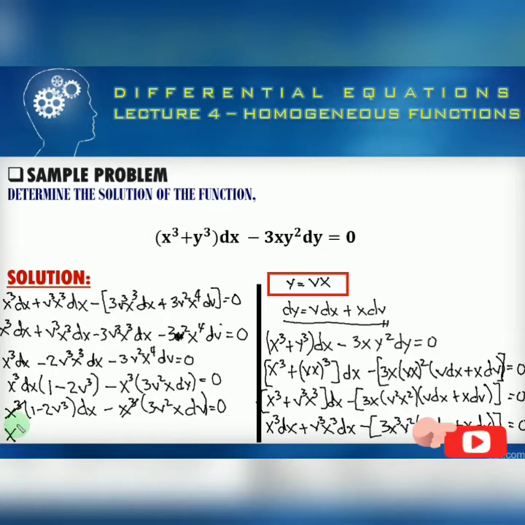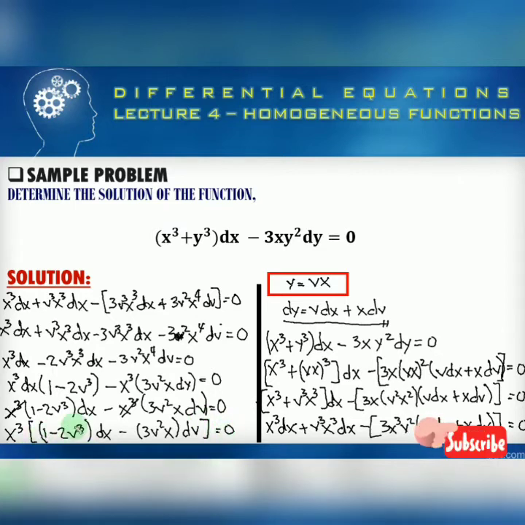So we have here x cubed times this one we extract from 1 minus 2b cubed dx, minus, we extract the x cubed, so what remains is 3b squared x db, bracket, is equal to 0.